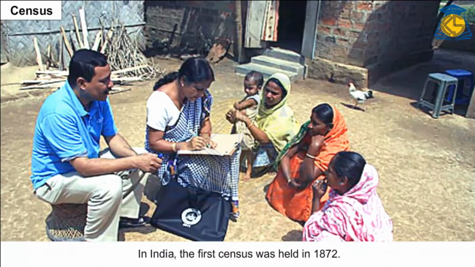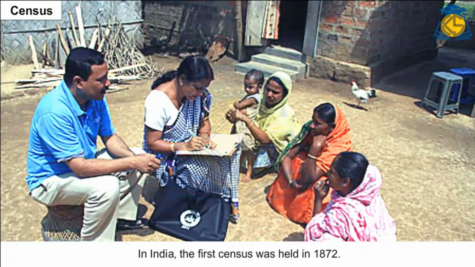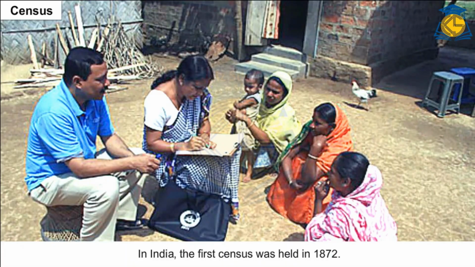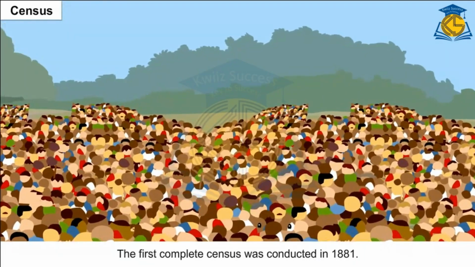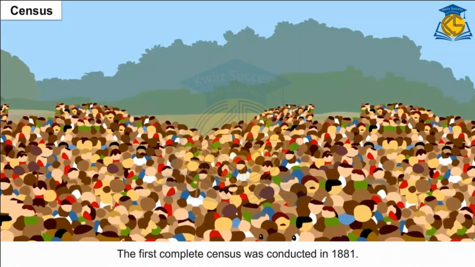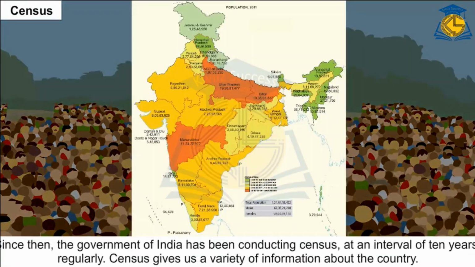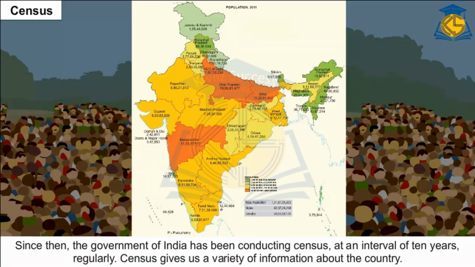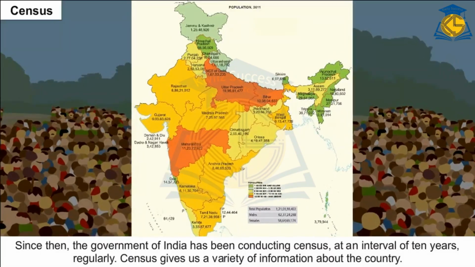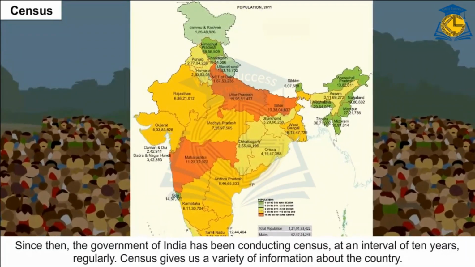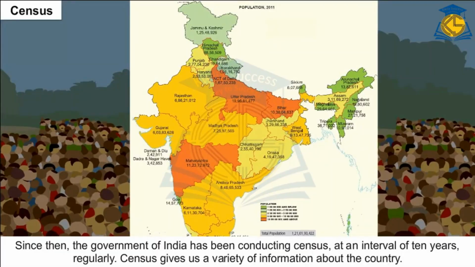In India, the first census was held in 1872. The first complete census was conducted in 1881. Since then, the Government of India has been conducting census at an interval of 10 years regularly. Census gives us a variety of information about the country.